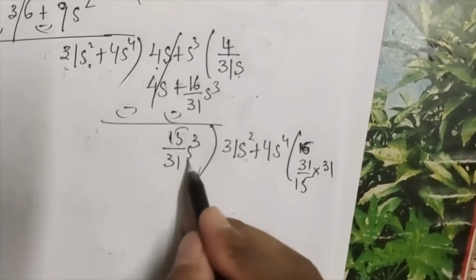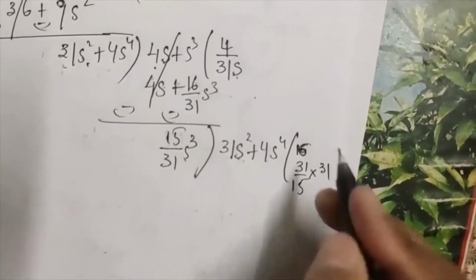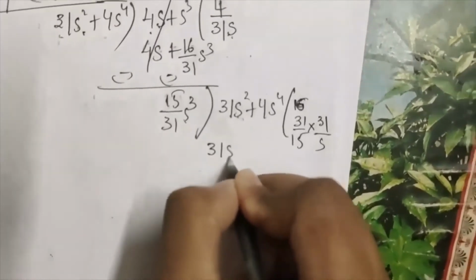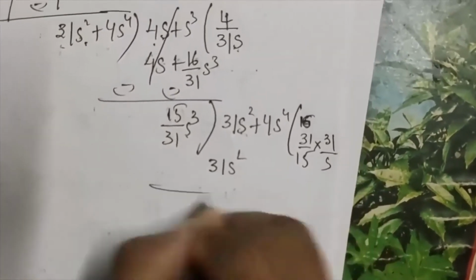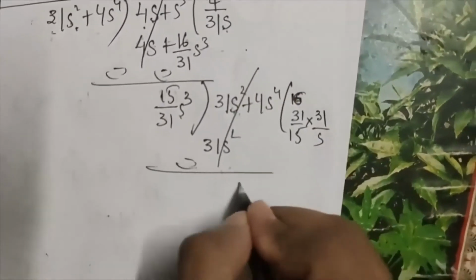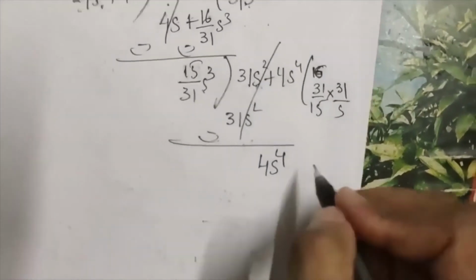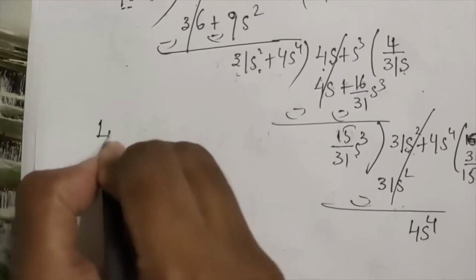Here I have s cube, here I have s square, so I have to divide by one s. So 31s square gets cancelled, leaving 4s power 4.